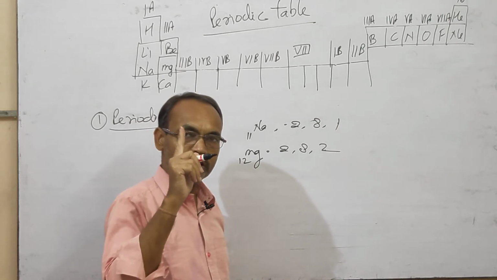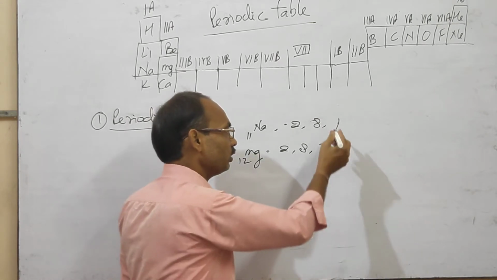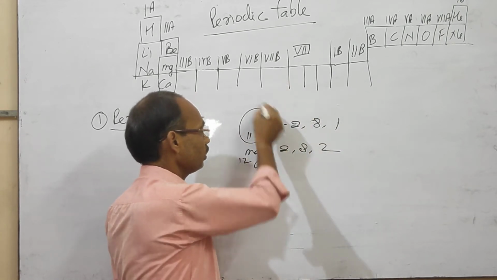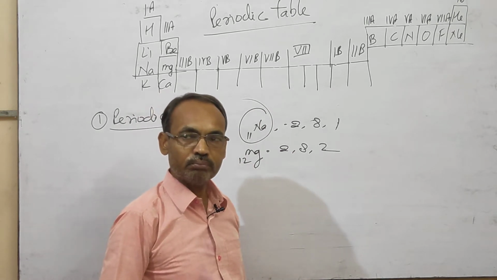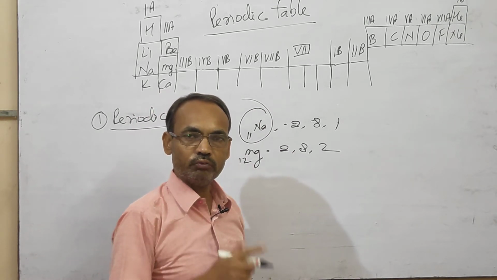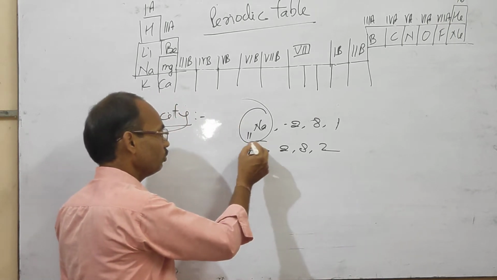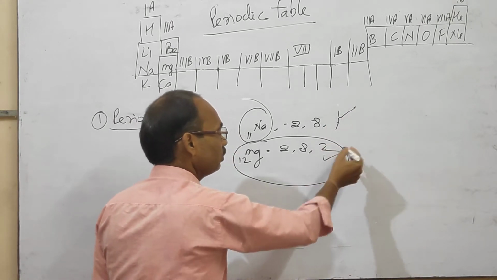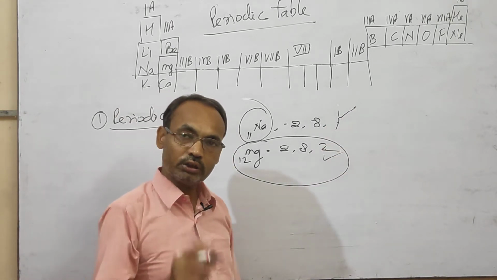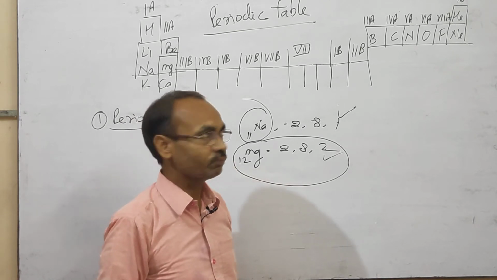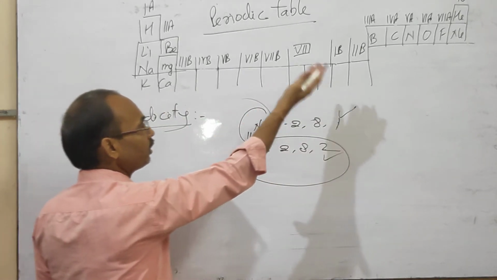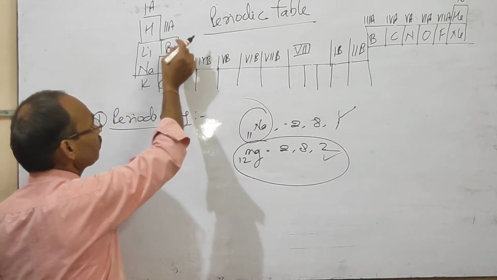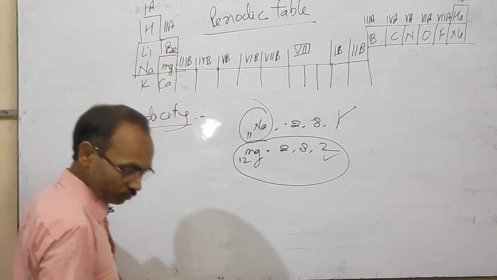All the elements in which the valence electron is 1 at the last will show the same properties as sodium, and the elements with valence electron 2 will show the properties of magnesium, because the valence electron present in the valence shell is the main reason of periodicity. So the repetition of properties occurs due to the same valence electrons in the group.